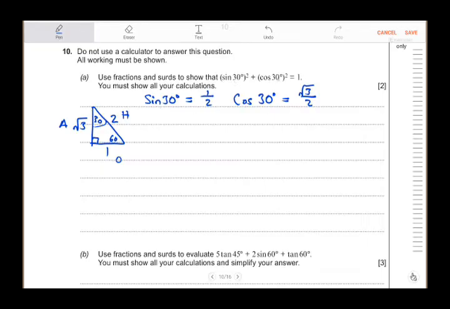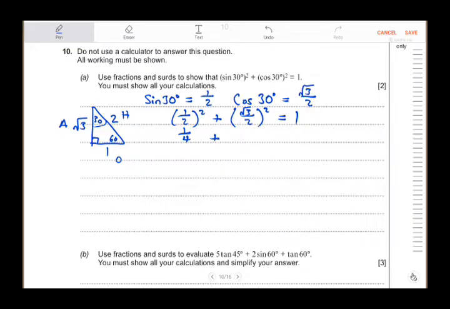Now I need to substitute them into there and work out my answer leaving it in surd form, probably. Okay, so sine 30 is a half. So I have a half squared plus cos 30 is root 3 over 2 squared equals 1. So now we've got to work this out. So a half squared is a half times a half. Well, that's a quarter. When we square these two, you go square the top and square the bottom.